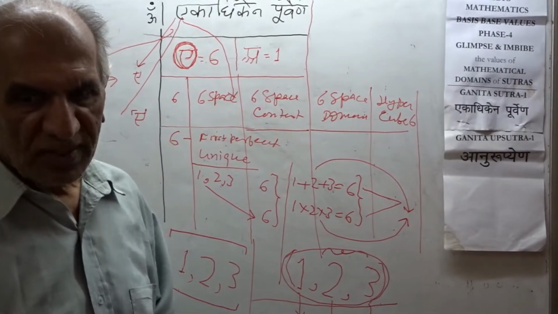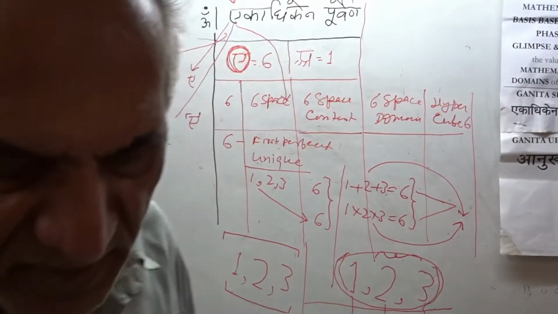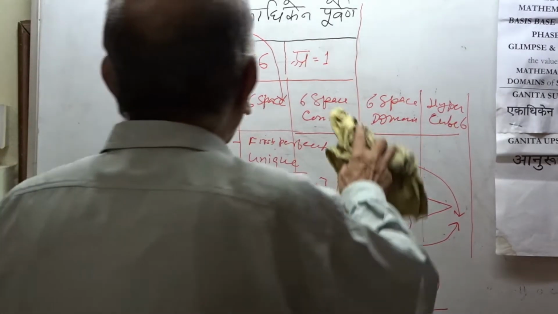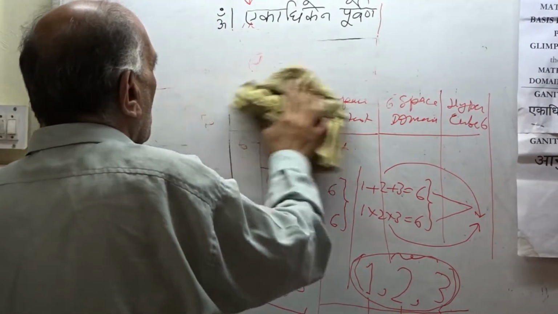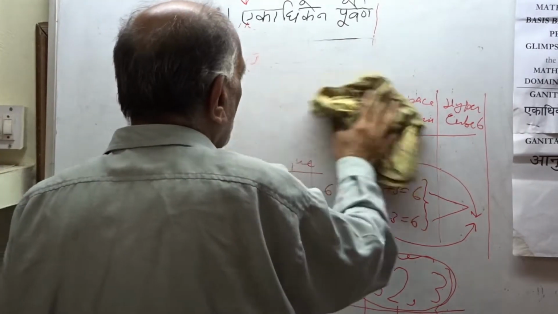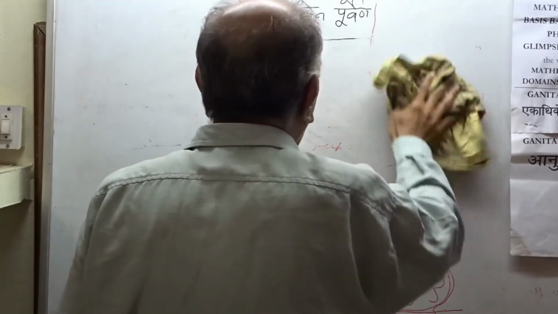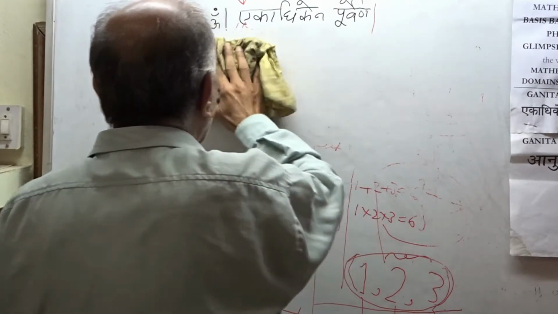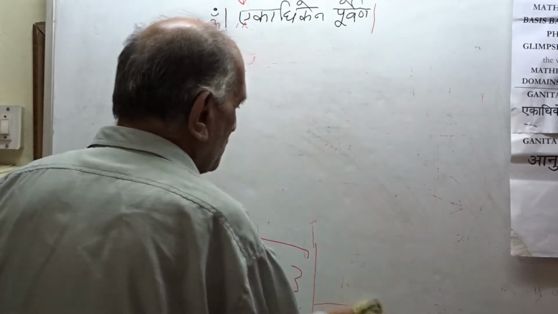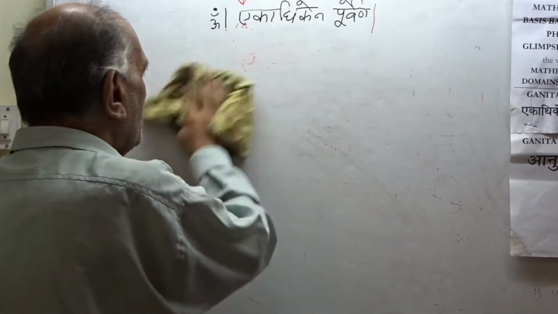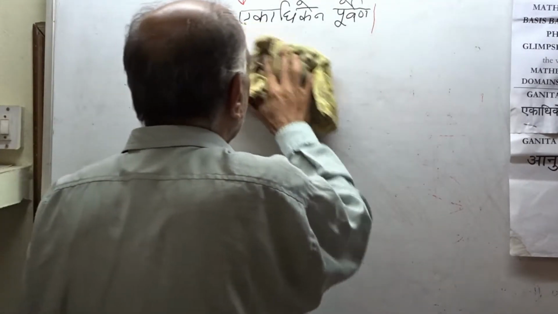Now, to comprehend a particular mathematical domain, we have to comprehend the processing system, the steps in terms of which the mathematical domain of Ganita Sutra 1, and like that of any Ganita Sutra, is to be attended to, reached, worked out, availed and attained.